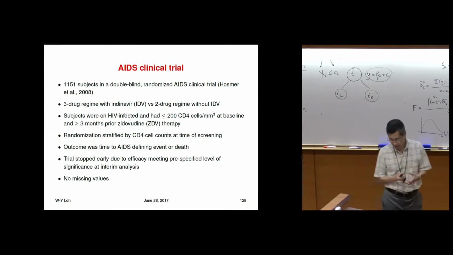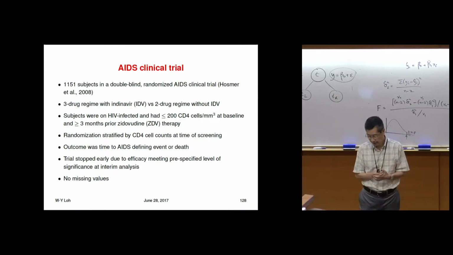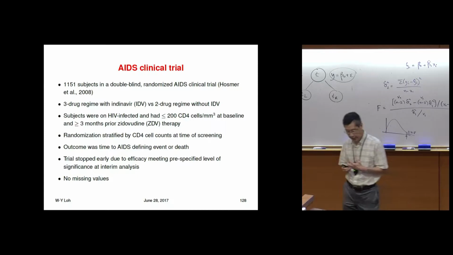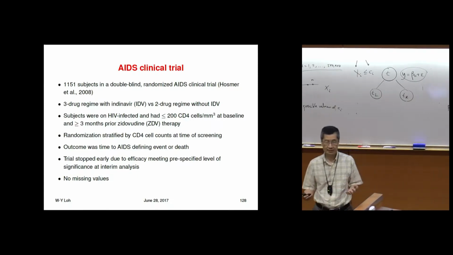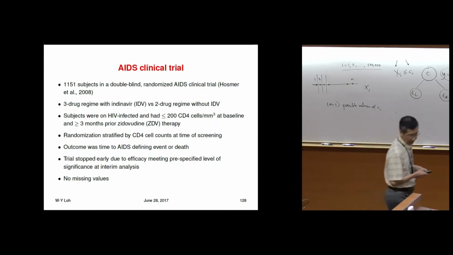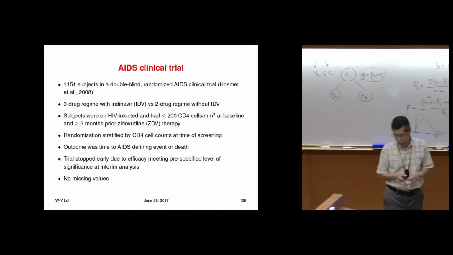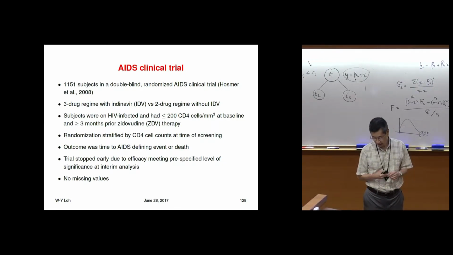And the outcome was the time to an AIDS-defining event or death. So the response is how long it takes for them to show AIDS symptoms or for them to die, right? But this trial was stopped early because apparently they found that the treatment was effective, so it was terminated early.